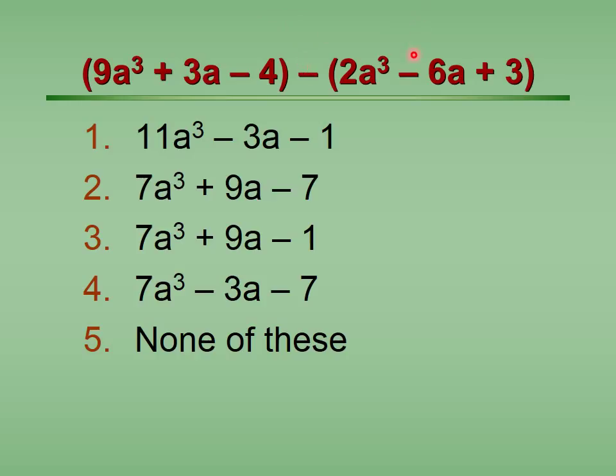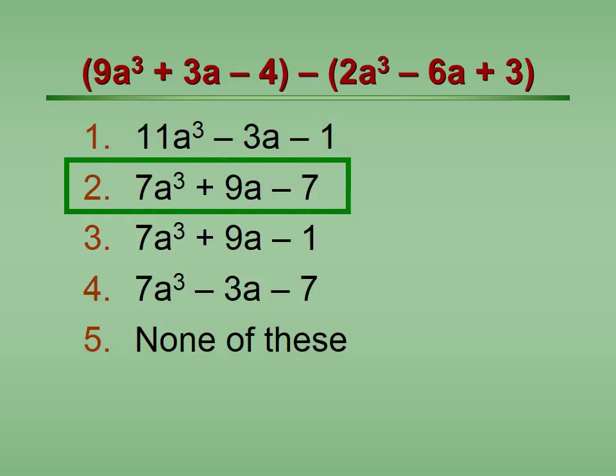So 9a cubed minus 2a cubed becomes 7a cubed, which knocks out option 1. Then you have 3a plus 6a becomes 9a. So that knocks out option 4. Then you have negative 4 minus 3, which is negative 7. So you end up with option 2.